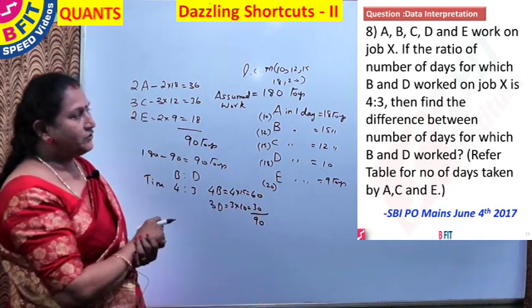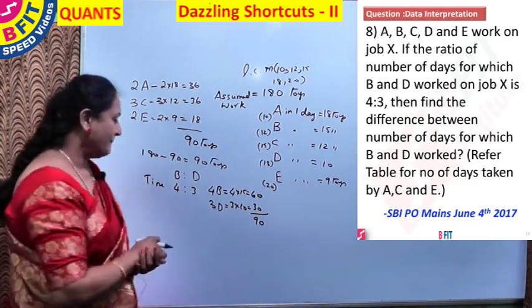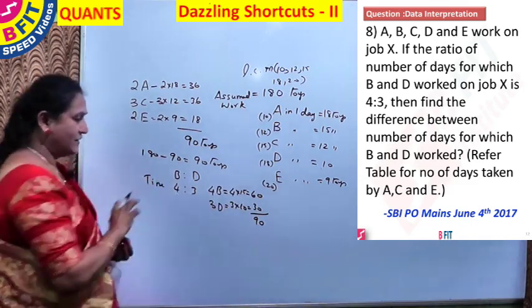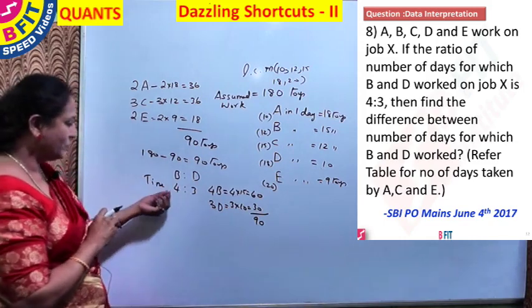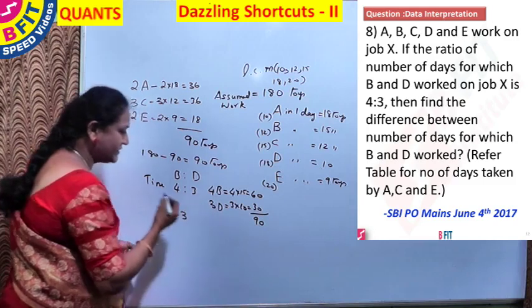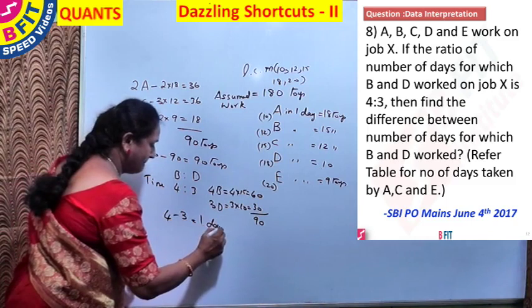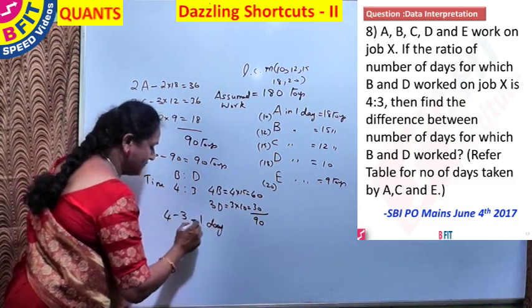Now we need to find the difference between the number of days in which B and D worked. This ratio itself will give you the data. According to this, B works for 4 days and D works for 3 days. So what is the difference in time taken? Which is 1 day. That is our question which they have asked.